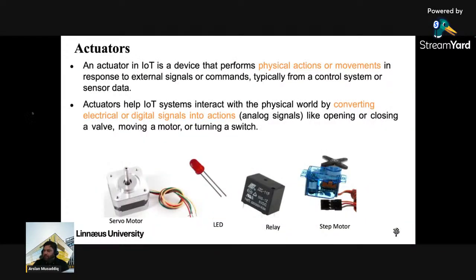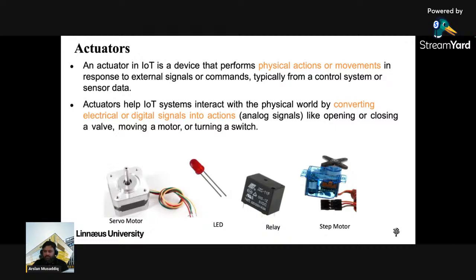Another key component of IoT systems is the actuator. It is the device that performs physical actions or movement in response to external signals or commands. These commands typically come from a control system, or maybe they are based on sensor data.